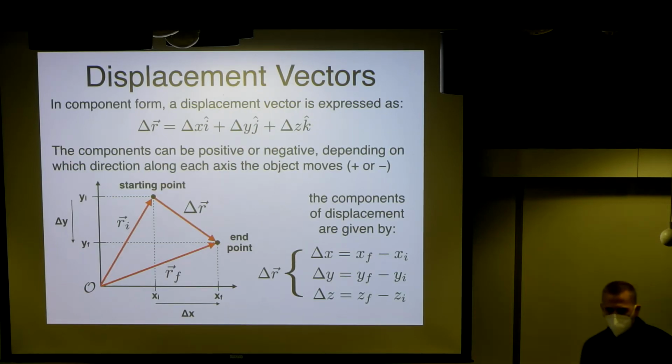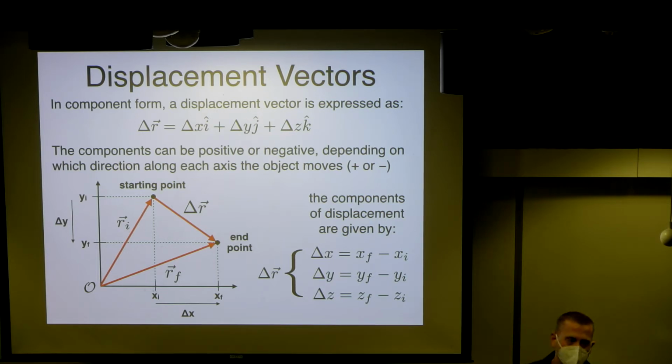Okay, a little bit more on displacement. Like any other vector, we can break a displacement into its x, y, and z components. So here's what this would look like broken down into component form. We have delta r equals delta x times i hat plus delta y times j hat plus delta z times k hat.